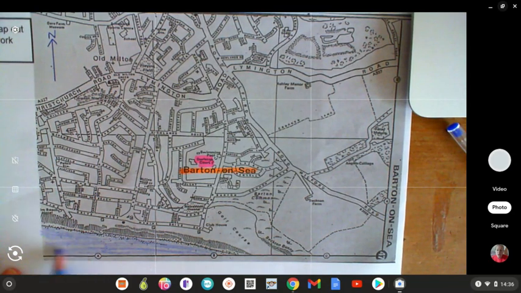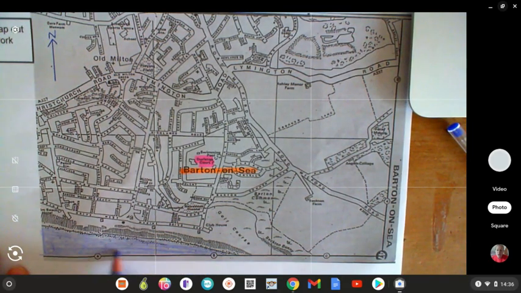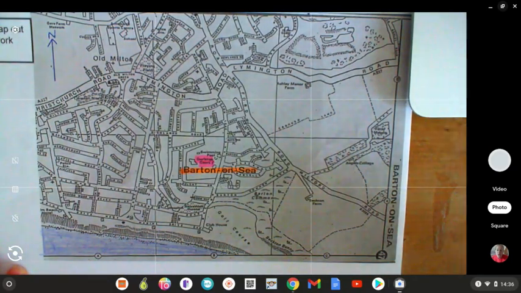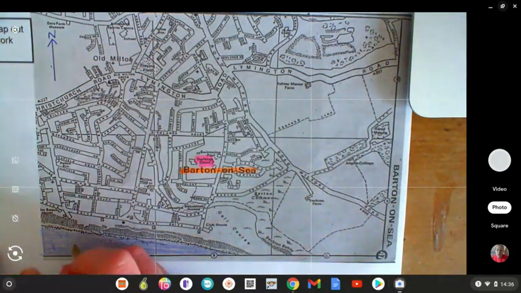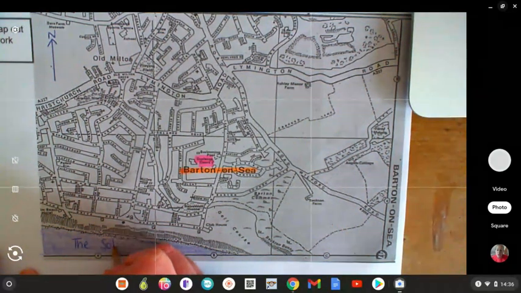Okay, good. Brilliant. Now, do you know what piece of water you are colouring in at the moment? It stretches all the way to the Isle of Wight. What is it called? So you could write that in. That's right, it is called the Solent.